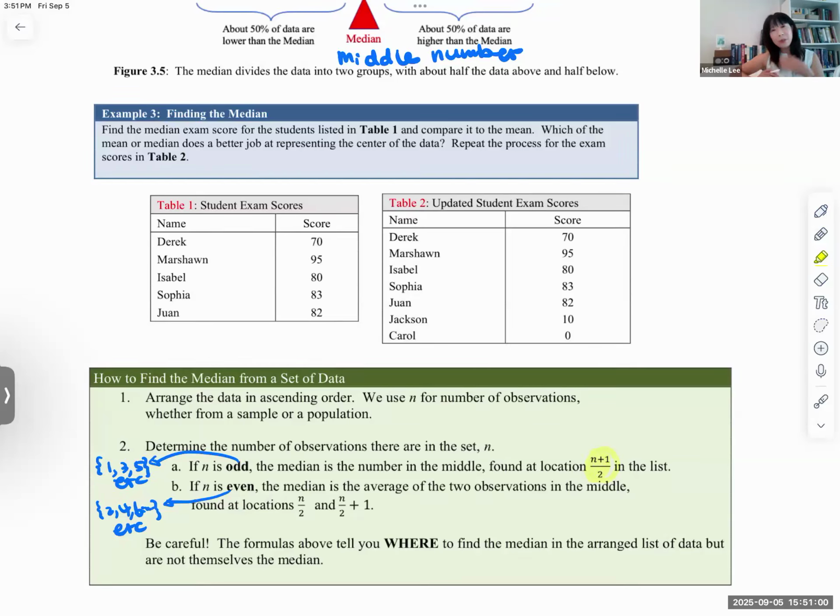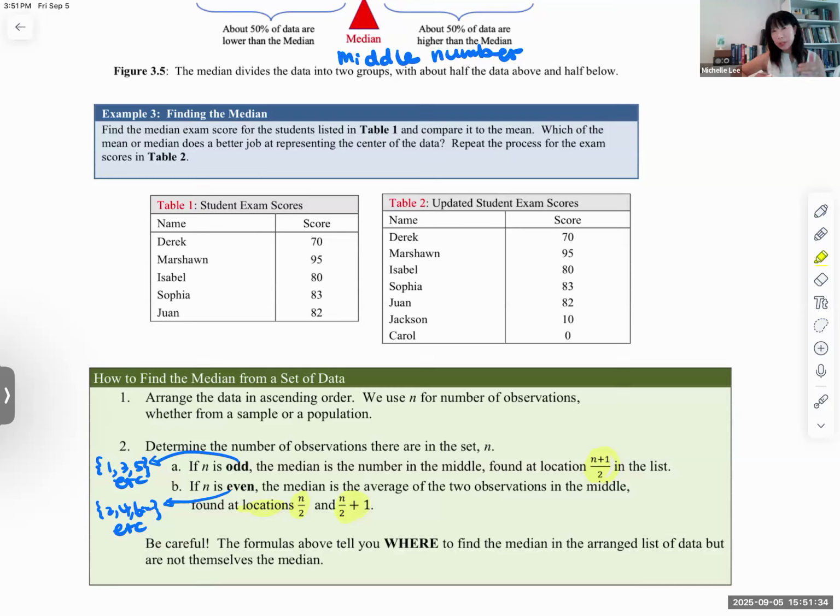All right. What if the data set is even? Then the middle is at n over 2, since the number of observations is even, it's easy to divide by 2. So the location is n over 2, and then we just add 1 to the n over 2. Make sense?